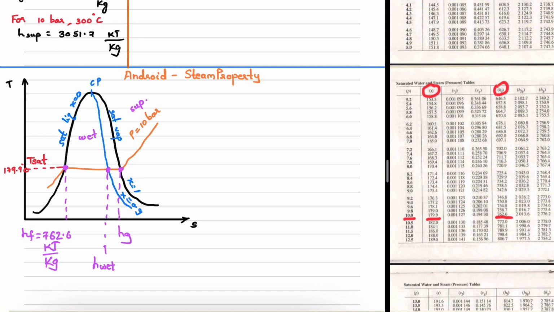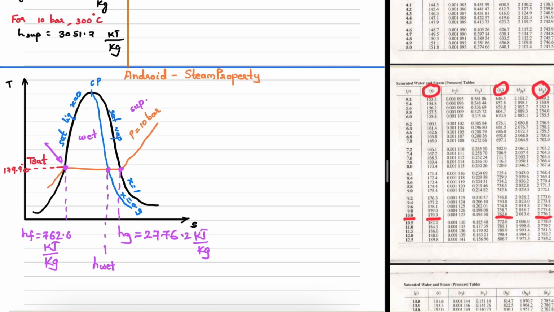This is the value of this point. Next we will see Hg for 10 bar. The value from the steam table is 2776.2 kilojoule per kg.